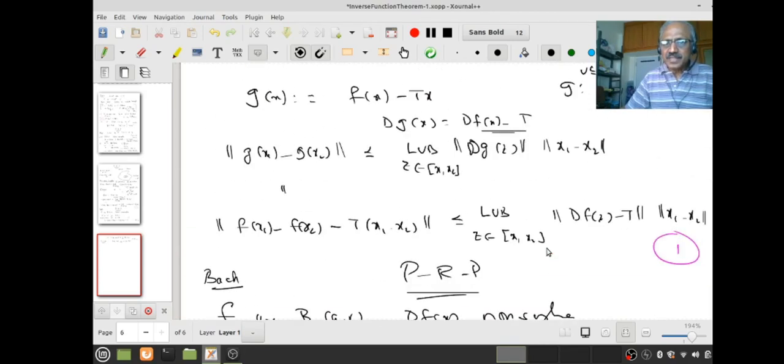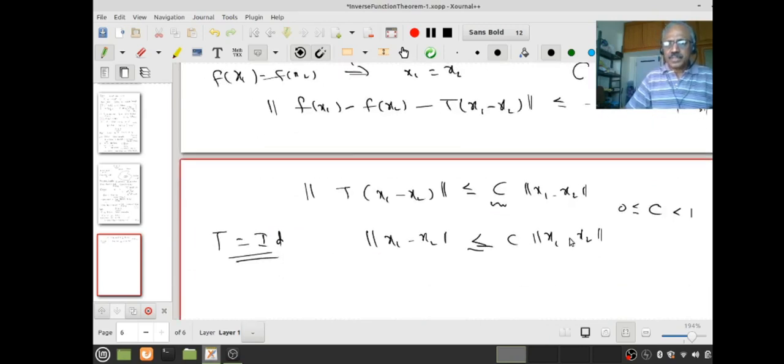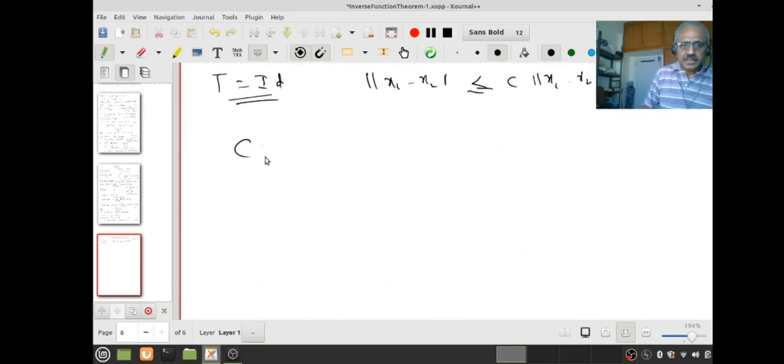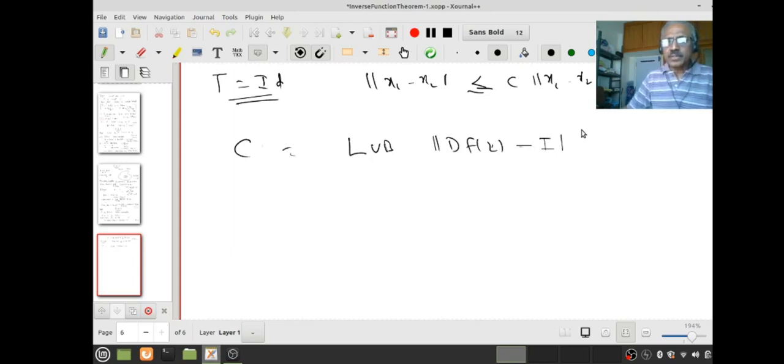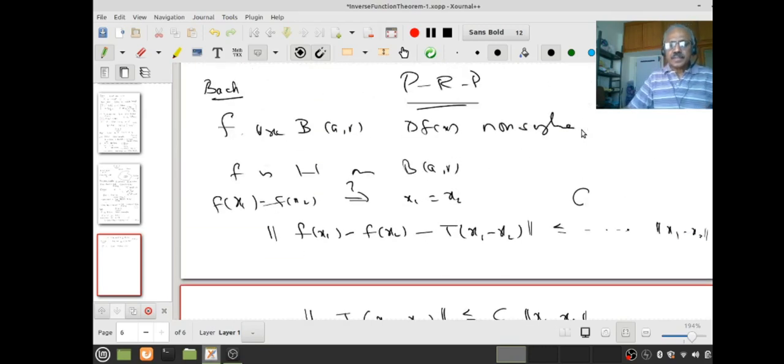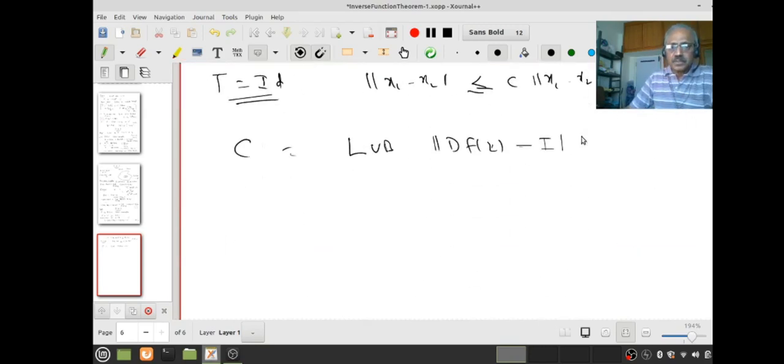Now what is c? Let's look at c, this fellow. What is that? Df(z). What is c? c is LUB of norm of Df(z) minus T. My T is going to be identity. So what do I want this to be? Okay, this is where we are going to work.